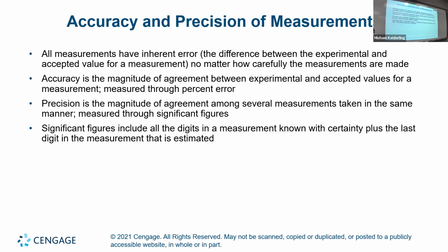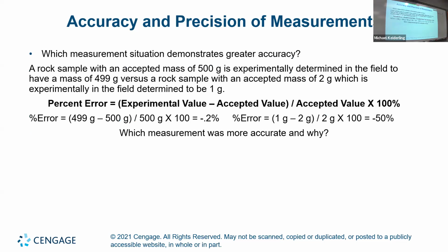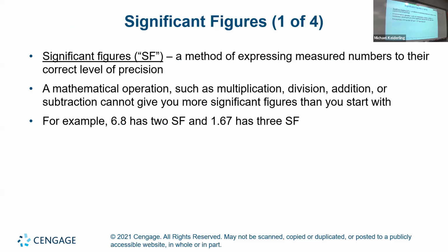So we have a little more time, so I'm just going to go over some stuff about significant figures. Significant figures are a method for expressing measured numbers to their correct level of precision in a mathematical operation, such as multiplication, division, addition, or subtraction. You cannot give more significant figures than you start with.